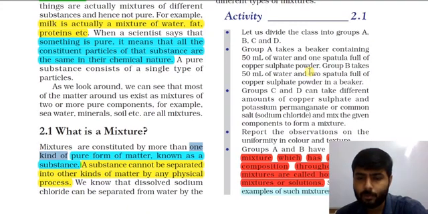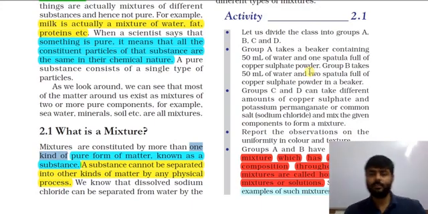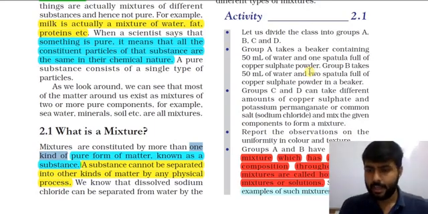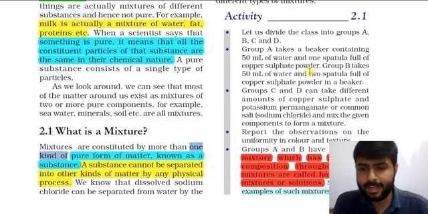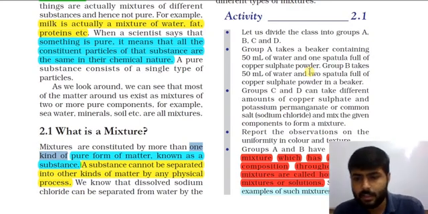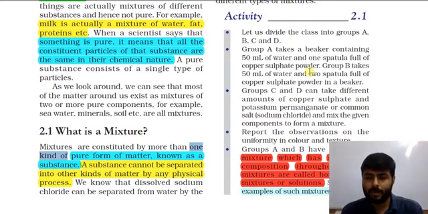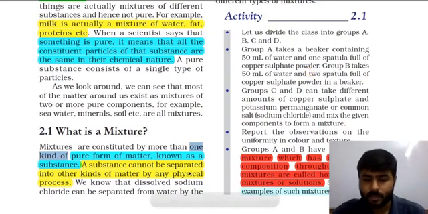Group B takes 50 ml of water and 2 spatulas full of copper sulfate powder in a beaker.